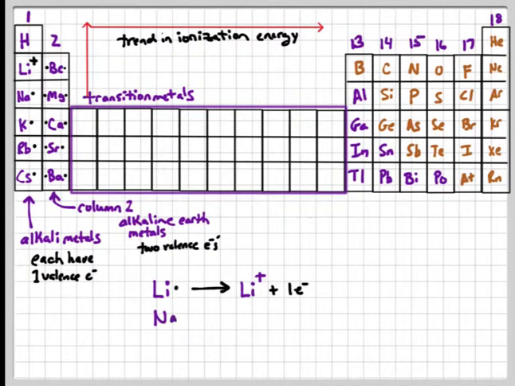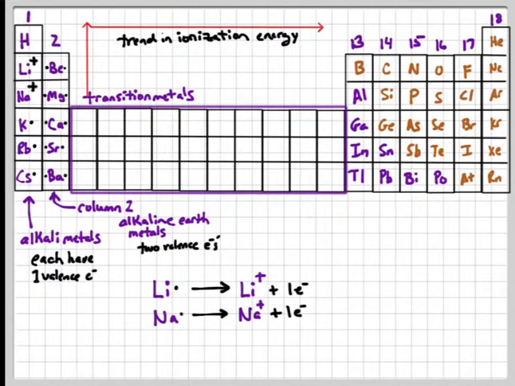Okay. We see a similar reaction with sodium, right? Because sodium also has only one valence electron with a fairly low ionization energy. In fact, a lower ionization energy than lithium because it's further down in the periodic table. And so it can form sodium plus by removing that one valence electron.